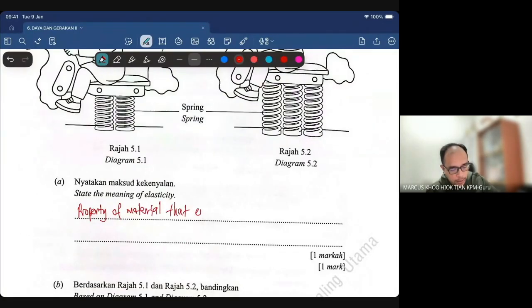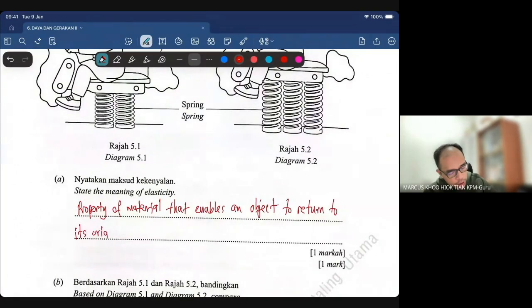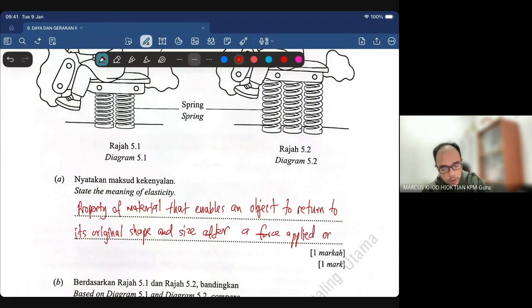Okay, that enables an object to return to its original shape and size after a force applied on it is removed.